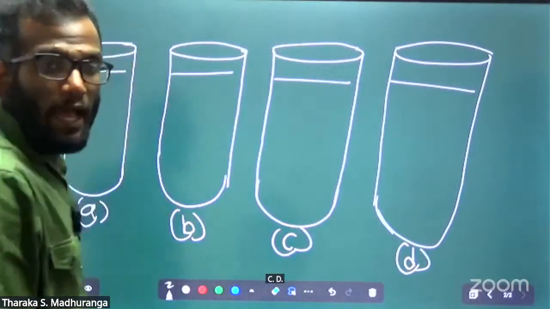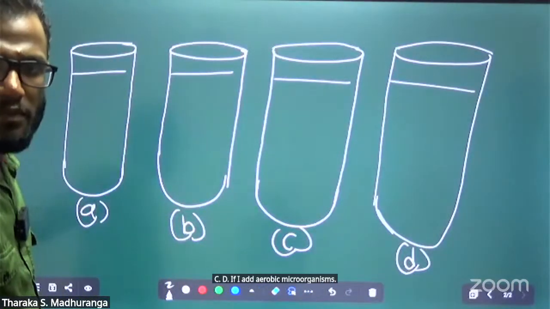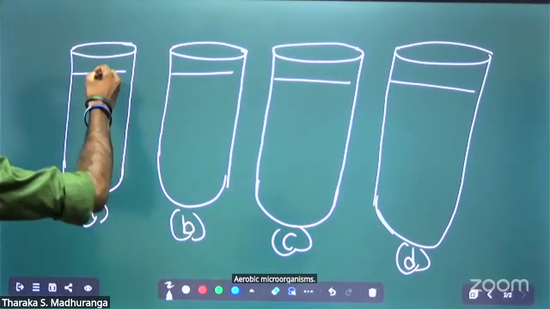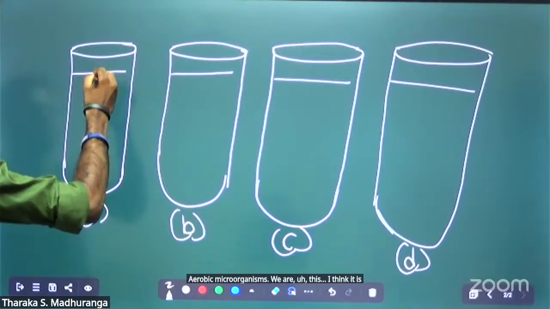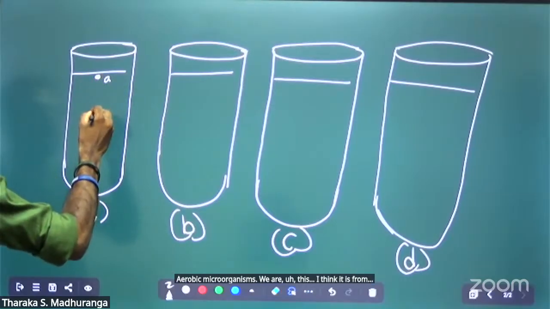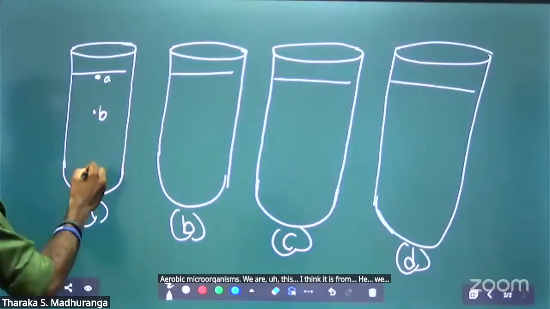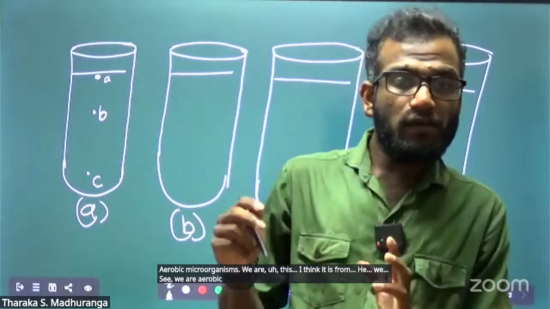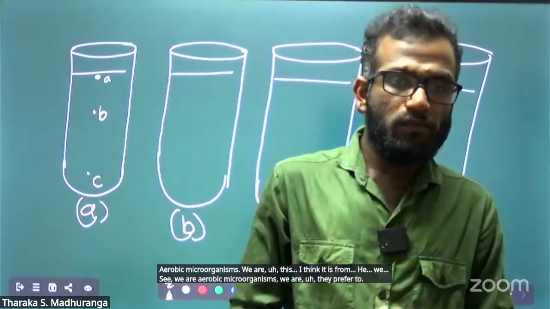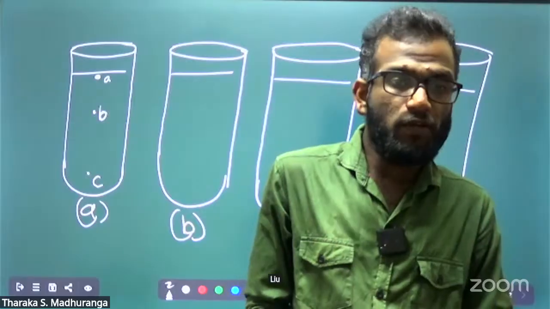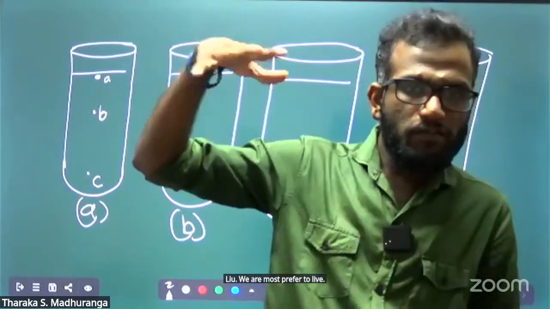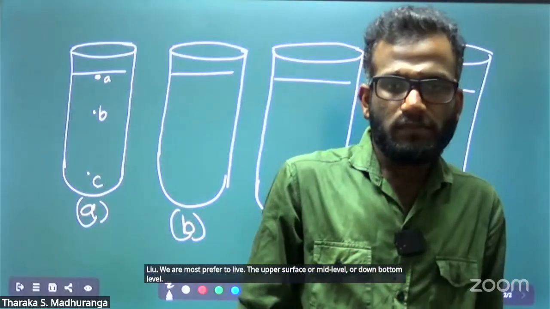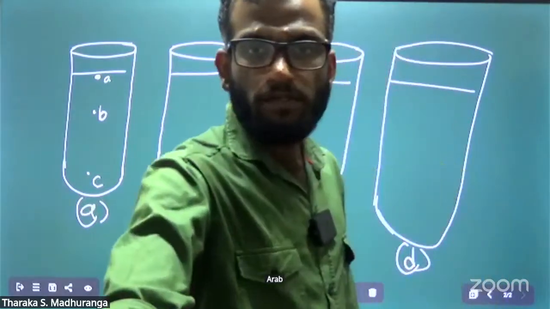If I add aerobic microorganisms, where do they prefer to live: the upper surface, mid level, or bottom level?